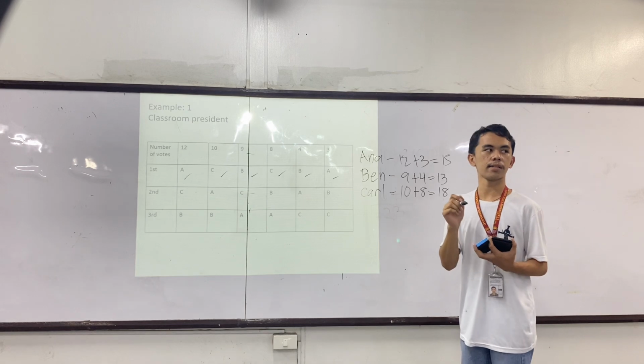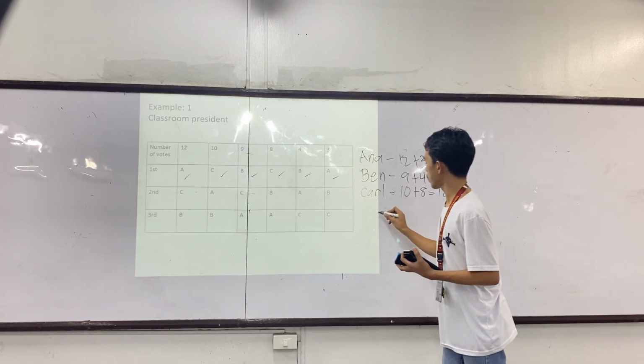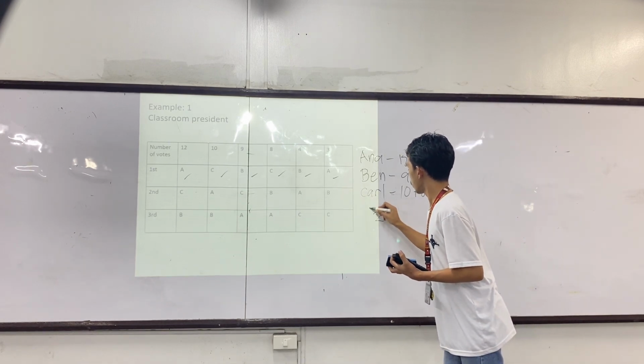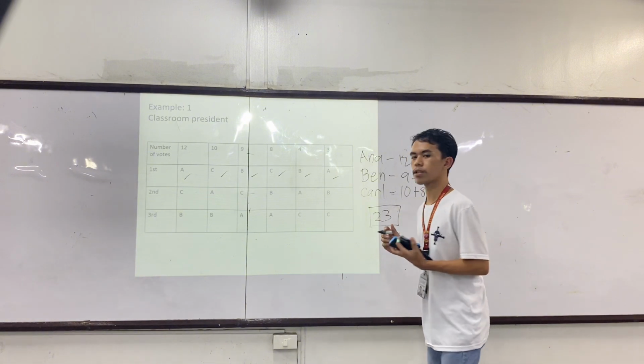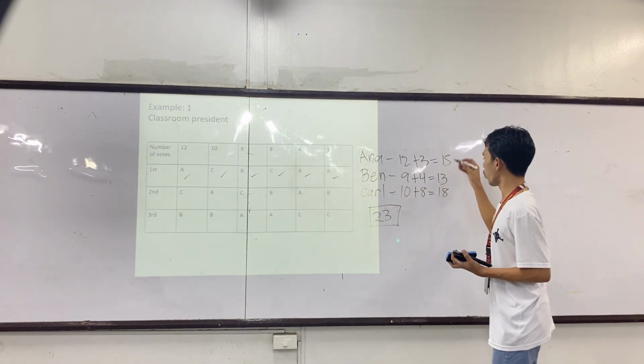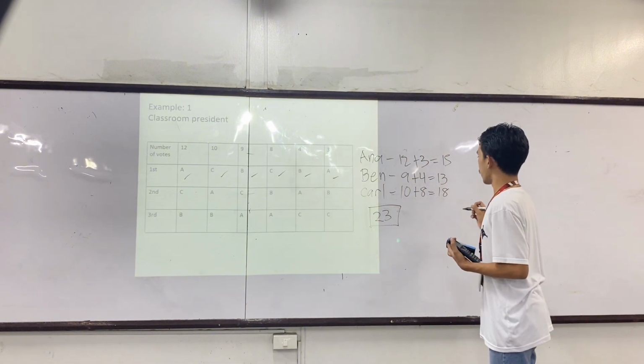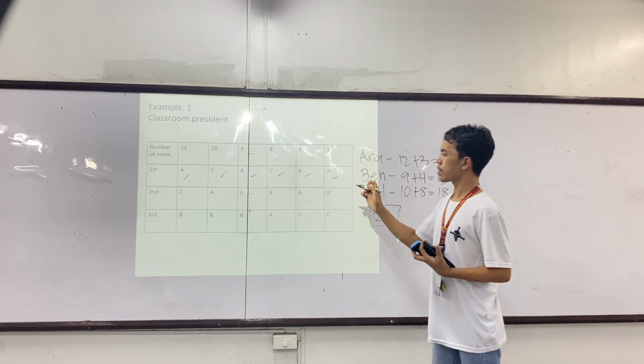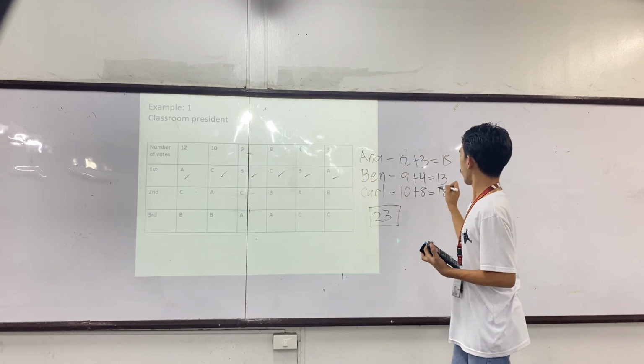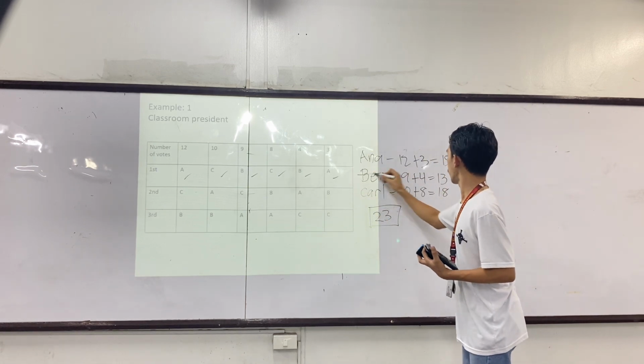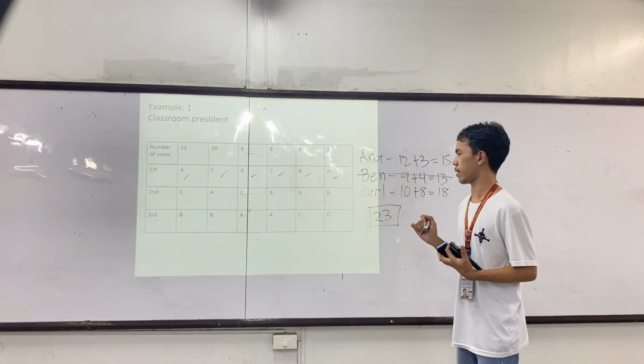So no one gets the majority points, which is 23. The majority is 23, so no one can get it. And the fewest votes is Ben. So Ben got 13, so Ben is eliminated.